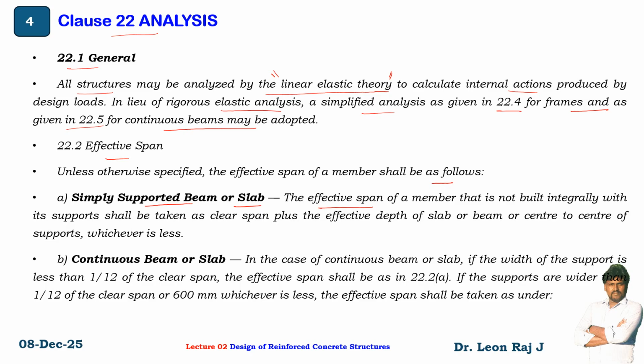How do we arrive at this effective span? For a member that is not built integrally with its support, it shall be taken as the clear span plus the effective depth of the slab. What the clear span is, I will show in the coming slides.